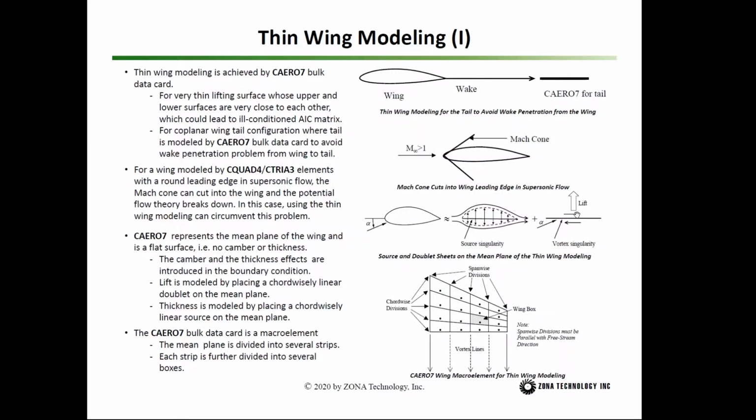And the CL7 Boeing card is a macro element. First, you will divide the CL7 into many strips, and then you will further divide each strip into many panels, and you will place the control point on each panel.